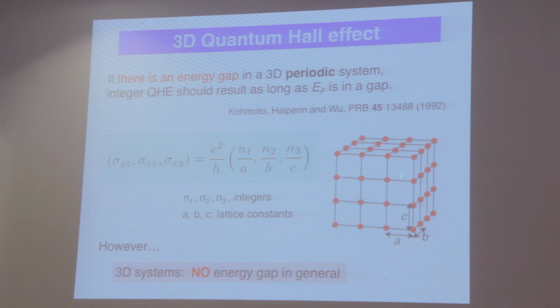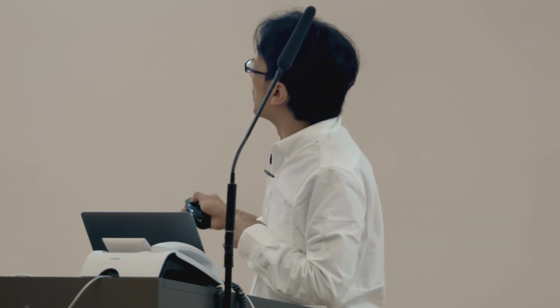If you have a lattice and you have a magnetic field in a certain way, this paper gives a general argument. It says that if you have a real energy gap in the spectrum, then the Hall conductivity must be quantized. We have three integers, N1, N2, and N3. In this case, N3 is 0, so we are left with only two integers. But this is an interesting example of the three-dimensional Hall conductivity.